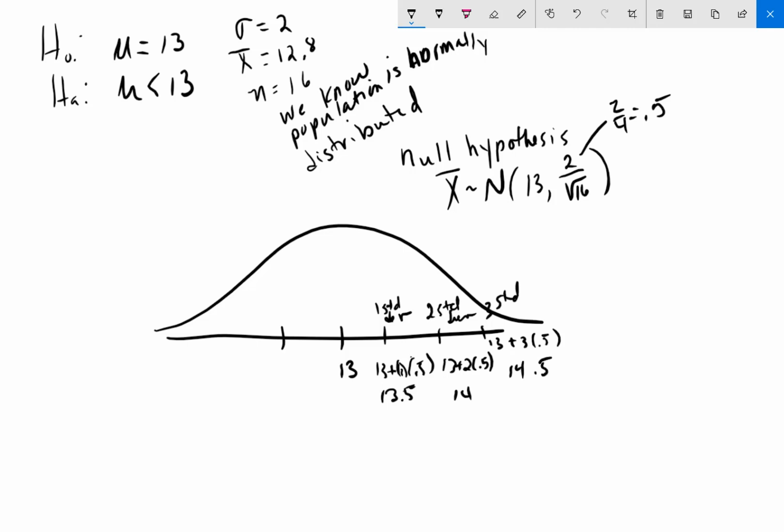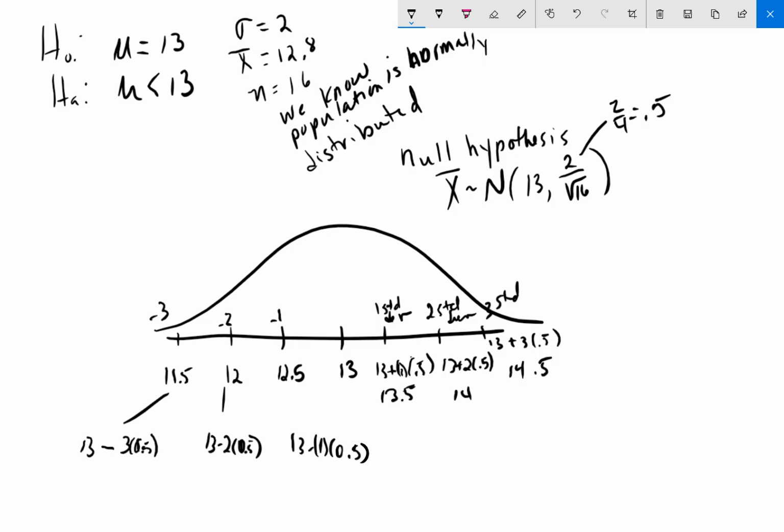So now I know what 1, 2, and 3 standard deviations above are. And the same for below: 13 minus 3 times 0.5, 13 minus 2 times 0.5, and 13 minus 1 times 0.5.